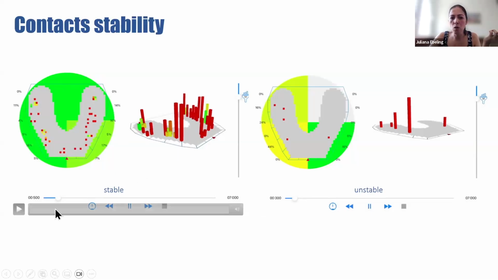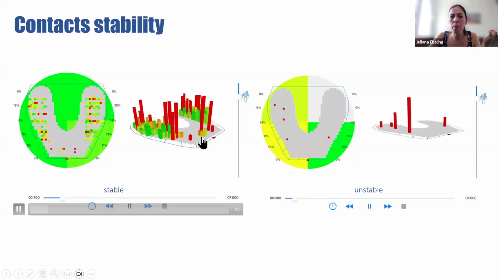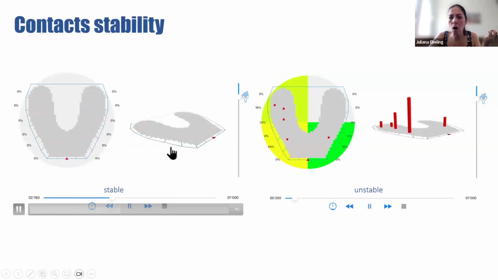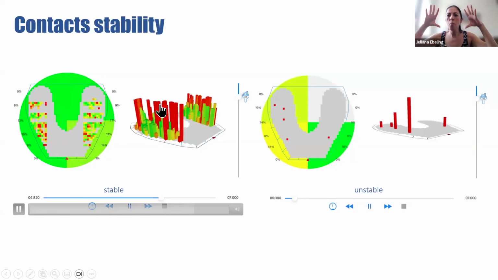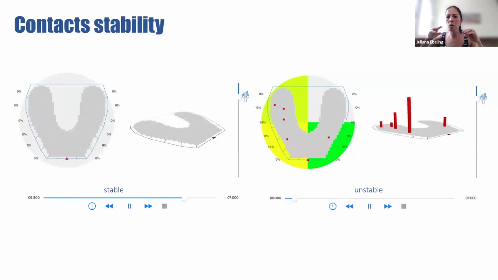In a stable occlusion, we ask the patient to open and close, open and close, open and close, and the contact always happens at the same place. Even if I have different intensity of the contacts because of muscle activity and gonphoses and everything, the contacts will all happen in the same pattern.